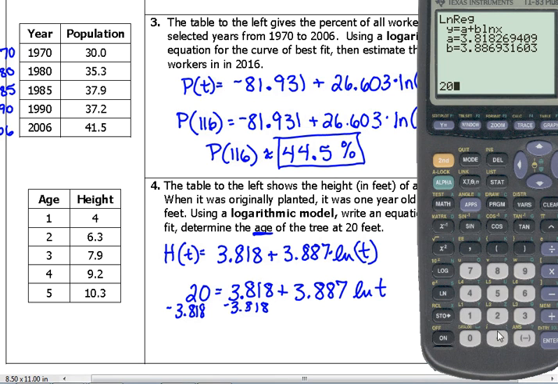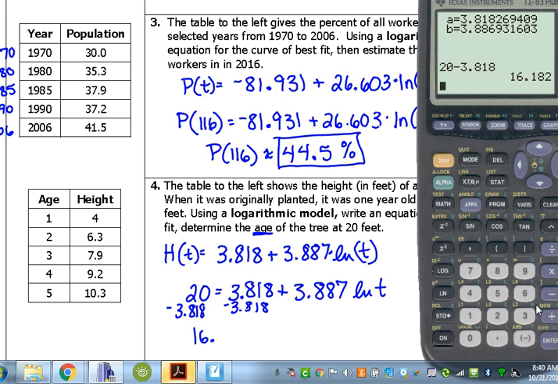So 20 minus 3.818. How do we get that natural log by itself?